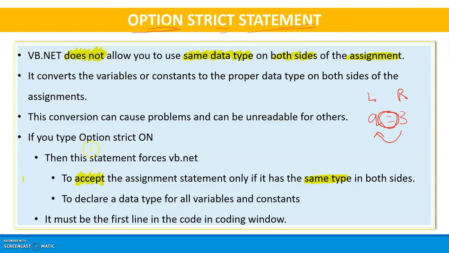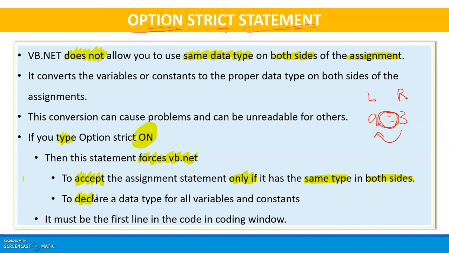So if you type Option Strict On, then this statement forces VB.NET to accept the assignment statement only if it has the same type at both ends, and also to declare a data type for all variables and constants. Suppose Option Strict is on, in that case you cannot use any variable without declaration.